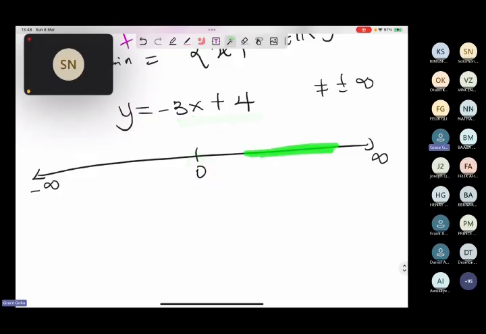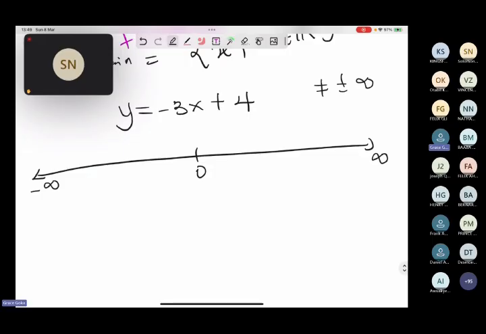We are going to pick any random positive number in place of the x, find the result. Then we'll pick any negative number, put it in place of the x, and find the result. If none of the results is either negative or positive infinity, it means that all the numbers on the real number line form part of the domain.